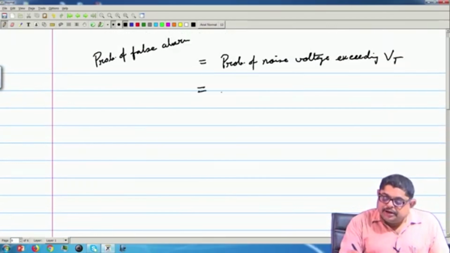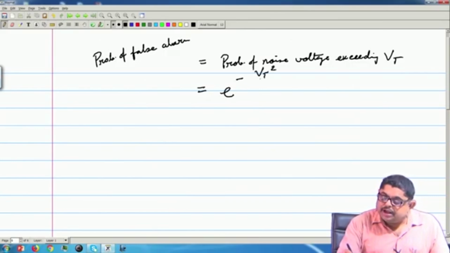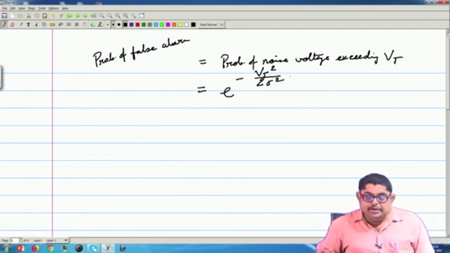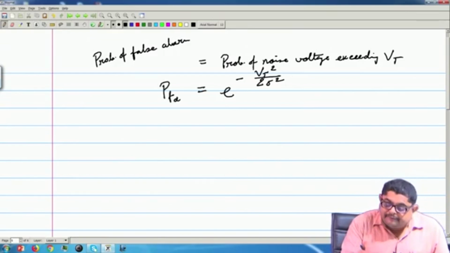And this is nothing but e to the power minus V t square by 2 sigma square. That is all. Probability of false alarm is designated by P f a.